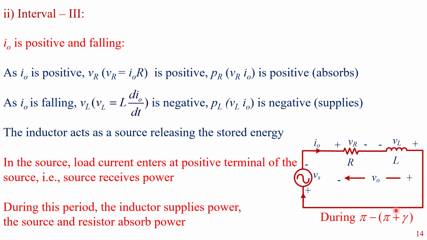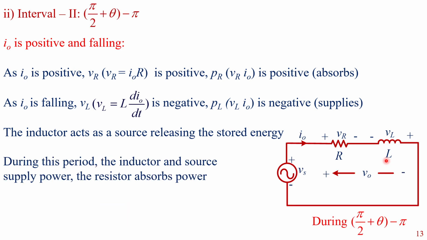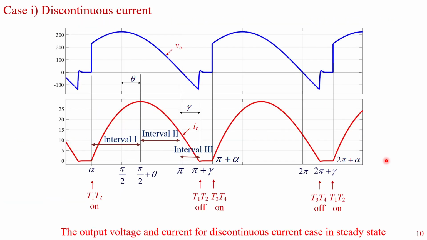That means the source and resistor receive power, and the inductor supplies power. So at omega t equals pi plus gamma, all the inductive energy is dissipated and the current becomes 0.